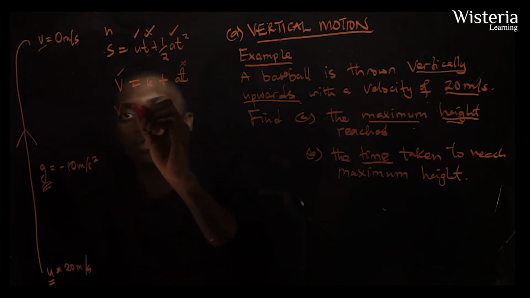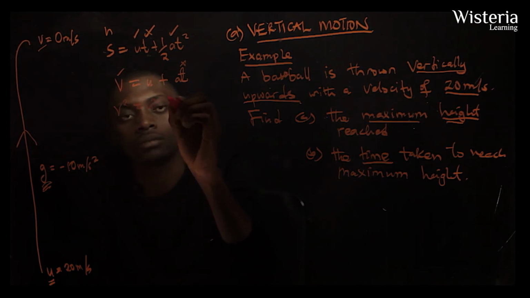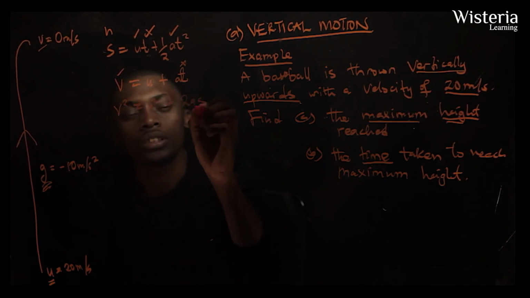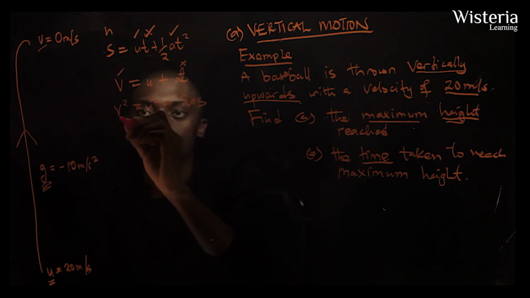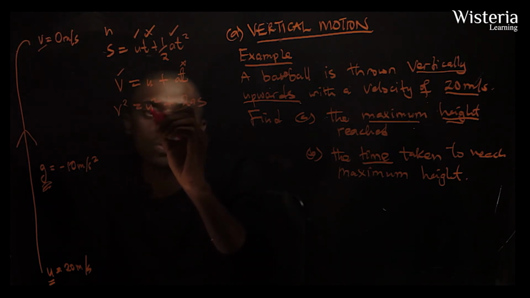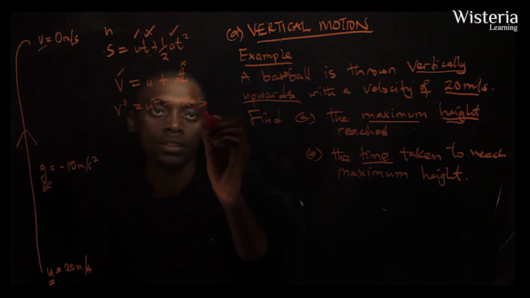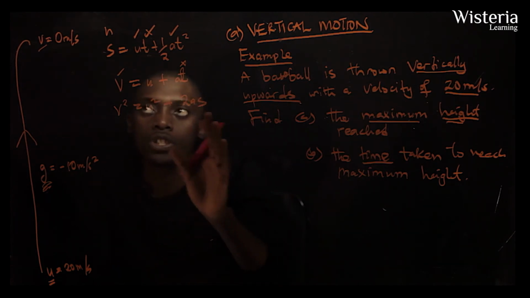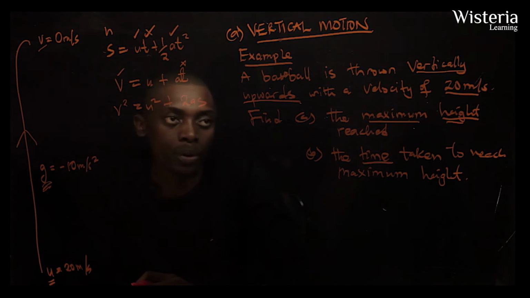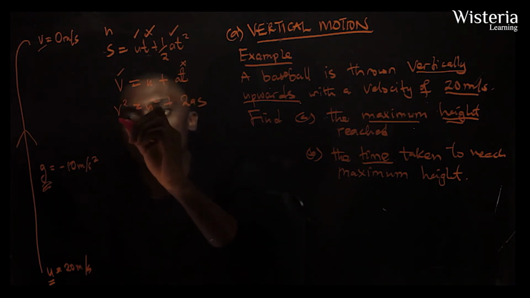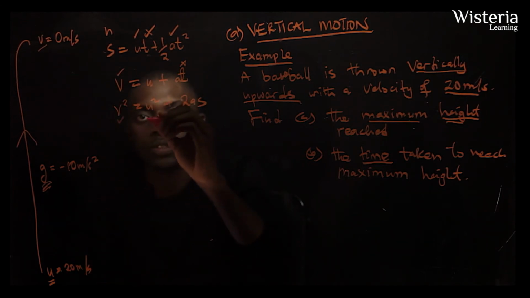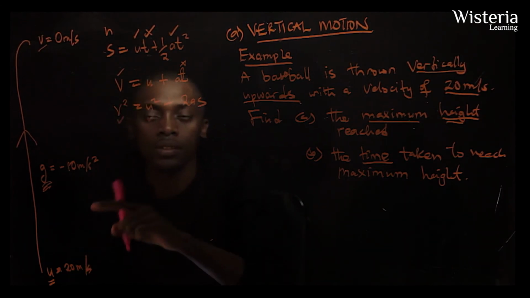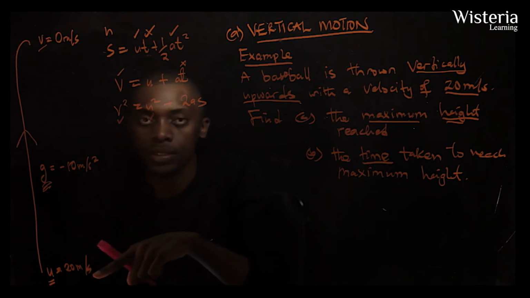The other equation is V squared equals U squared plus 2AS. In this equation, you're finding final velocity if you have initial velocity, acceleration and height. If we check our example, we have the final velocity, which is 0. Then there is the initial velocity, which is 20 meters per second.